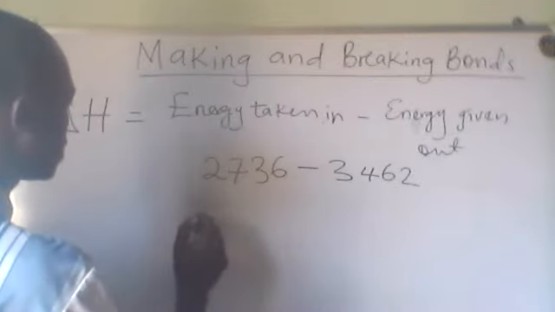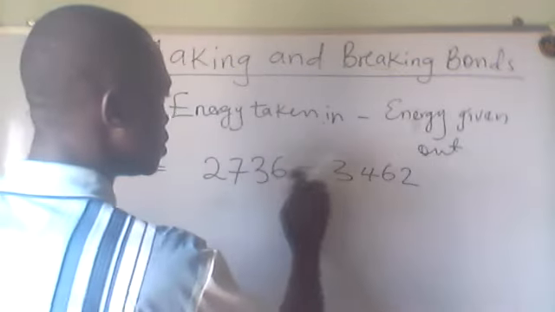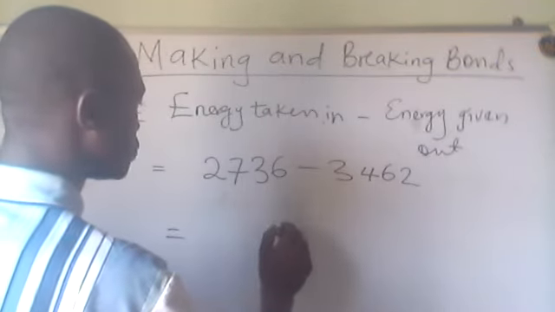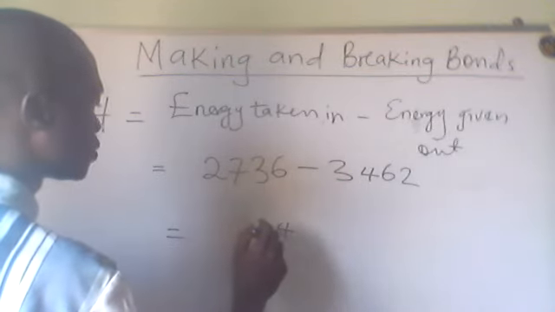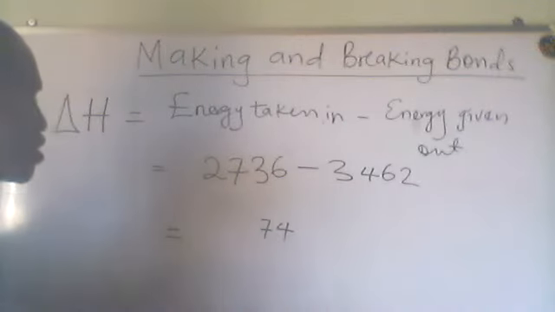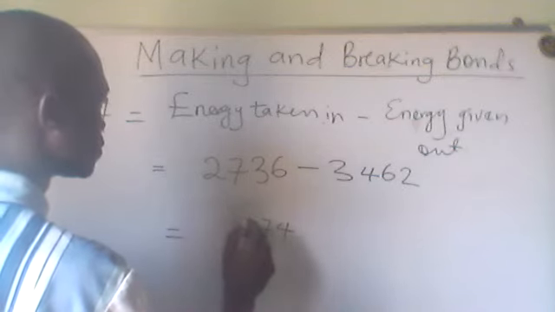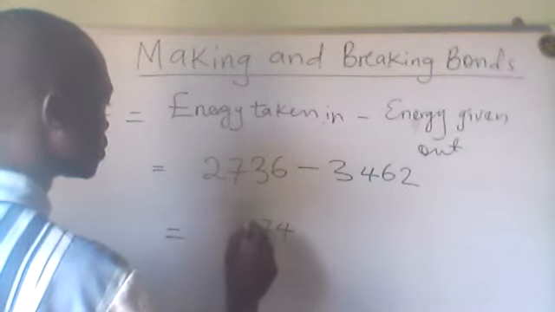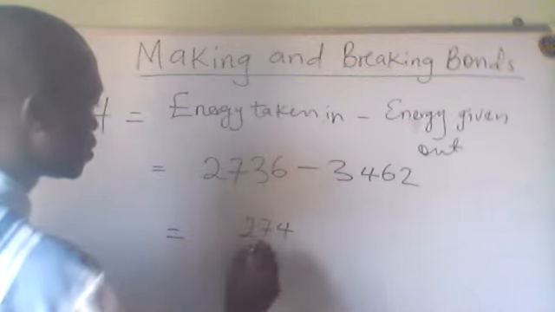So our answer is going to be 6 minus 2, that is 4. 13 minus 6, that is 7. And then 6 minus 4, that is 2.